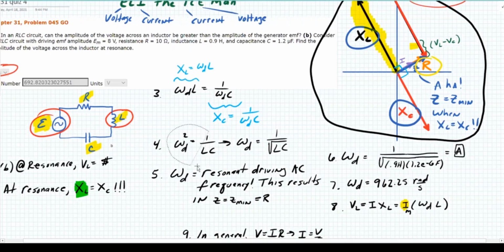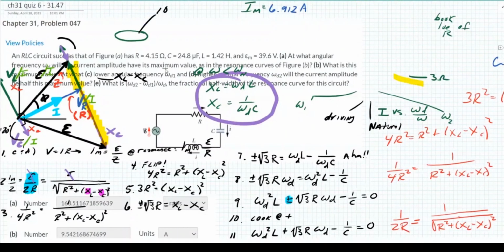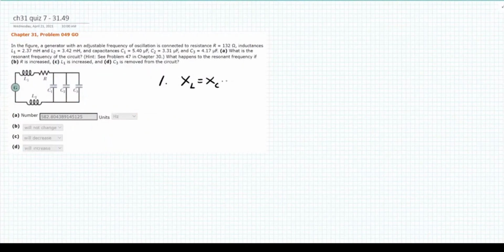We showed that at resonance, omega D equals 1 over the square root of LC. This produces resonance. You're going to get the most current out of your system if it can operate at resonance. All right, so what's the resonant frequency?